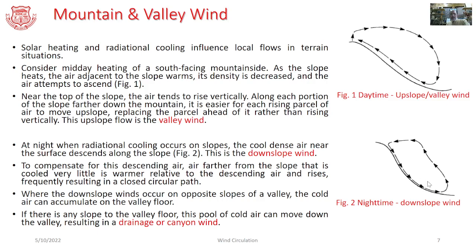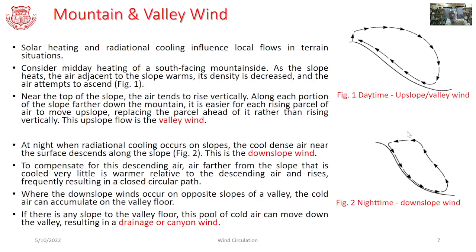To compensate for this descending air, the air farther from the slope, which is cooled very little, is warmer relative to the descending air, and hence it starts rising.